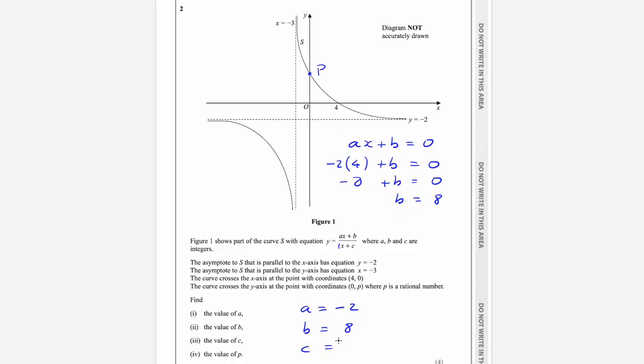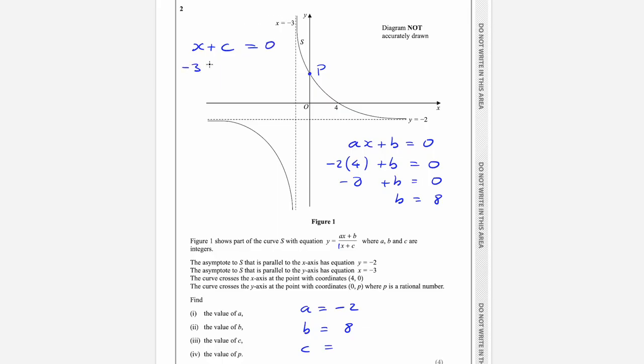Next one, c. Here, okay, so the denominator equals 0 at this vertical asymptote. So x plus c has to equal 0 when x is -3.